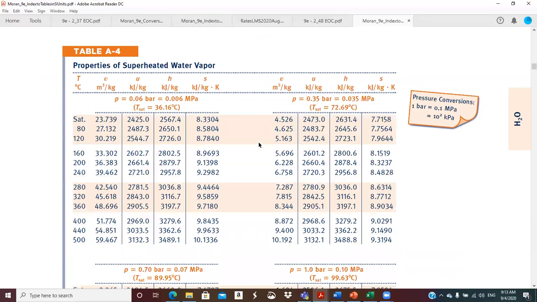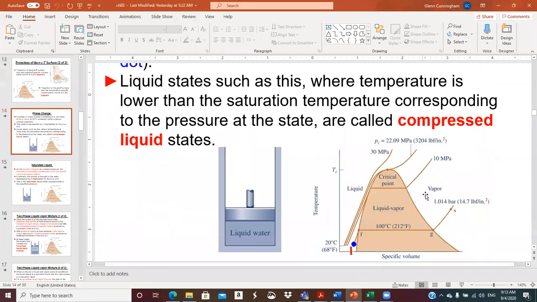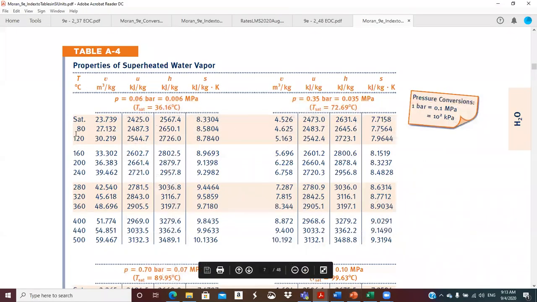And then we go into the superheat tables. If you are superheated, we can go back to the diagram real quick. Then you're going to be off in this region, outside the dome on the vapor side, and you can look up states out here.